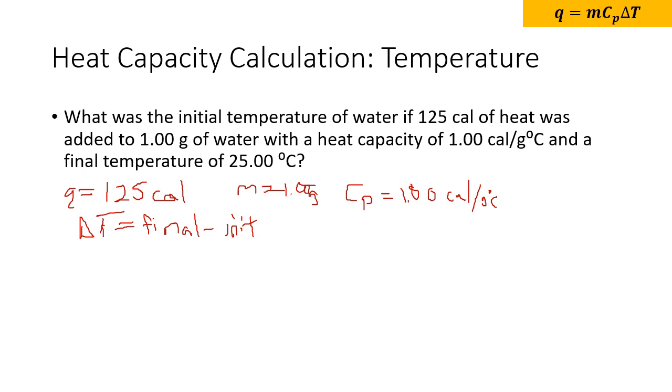So if we go ahead and plug all of these in, 125 lowercase calories is equal to M, which is our 1.0 grams, times C, 1.00 calories per gram degree Celsius, times, and then we're going to put this in parentheses, because we're multiplying it by delta T, but we're breaking up our delta T into parts.